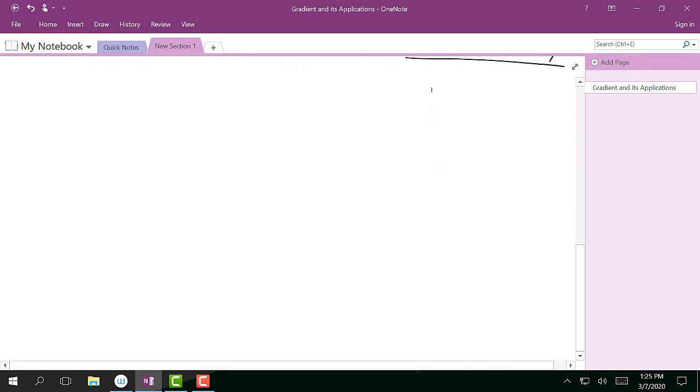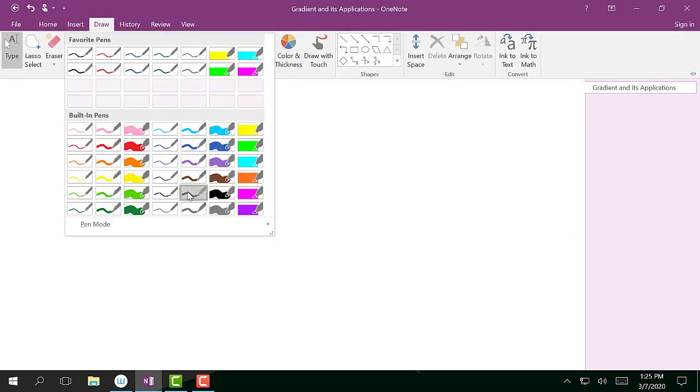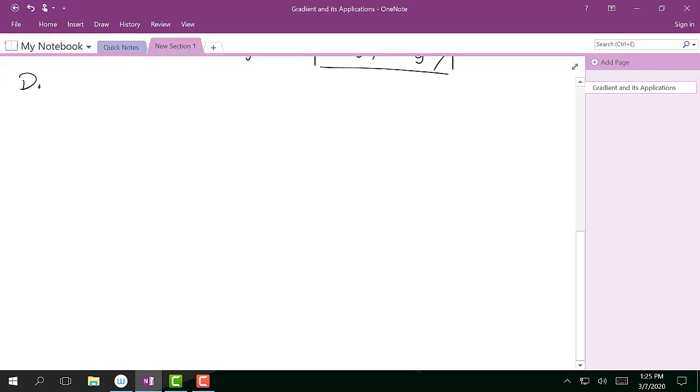Okay, so an important application of the gradient vector is going to be in what we call the directional derivative. So I'm going to go ahead and define that, and then have a quick little conversation about what it means. So we're going to talk about now what we call the directional derivative.